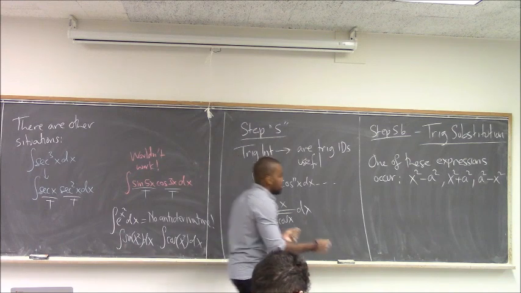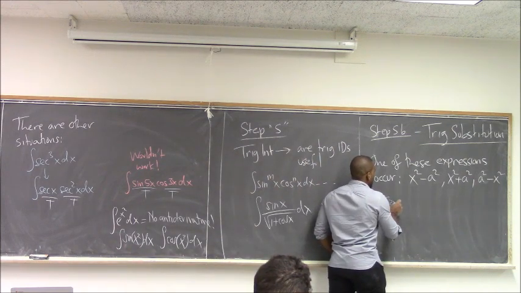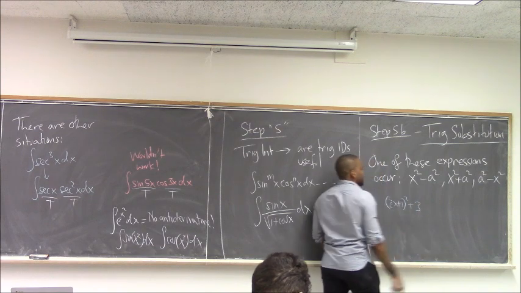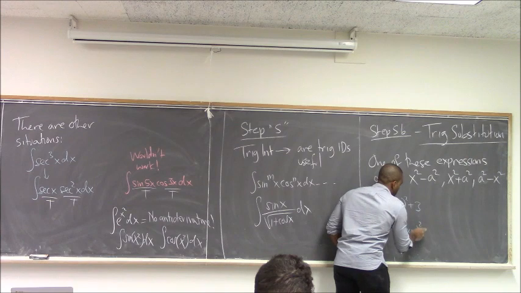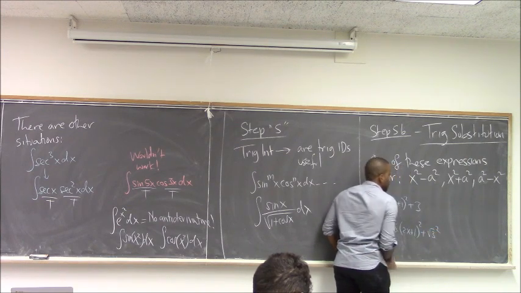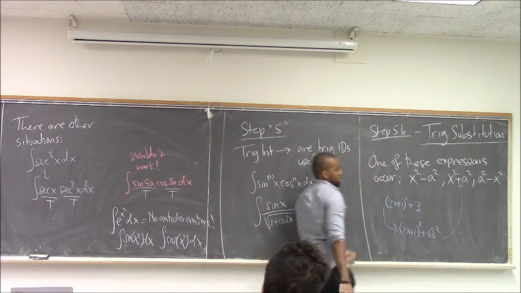So you could have something like 2x plus 1 squared plus 3. You could think of this as 2x plus 1 squared plus radical 3 squared and apply that idea.